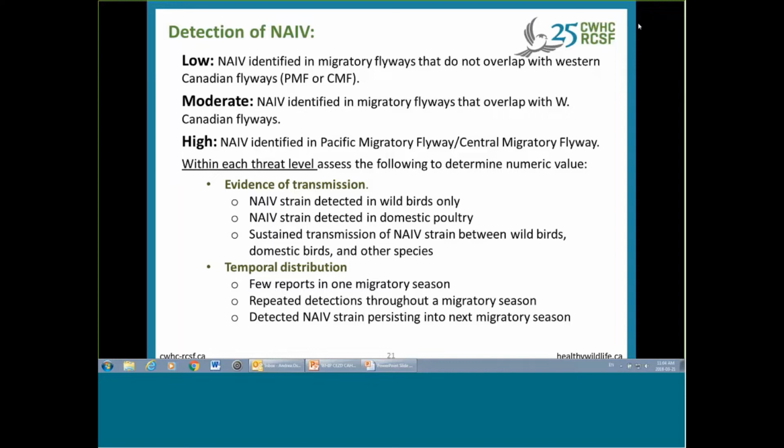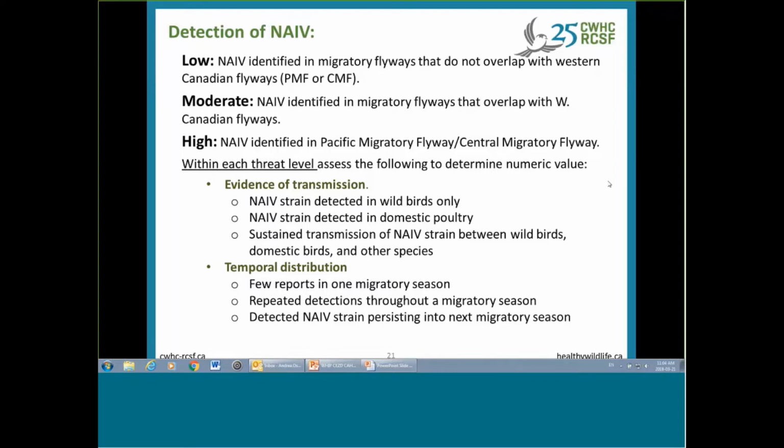Okay. Because one of the points I want to make is that if you do a robust enough wild bird surveillance program in British Columbia, you're going to raise the risk to high every time because we have endemic NAIs. And I think the real risk, you have to factor in the biosecurity of the poultry producers. If you're assessing risk of this moving into poultry, you need to bring in that side of it, including the fact that limited surveillance is being done, and CFIA can't be the denominator for surveillance in the commercial poultry industry.